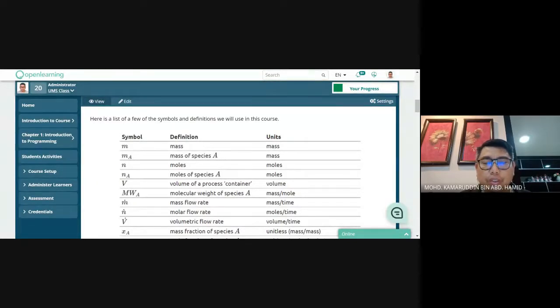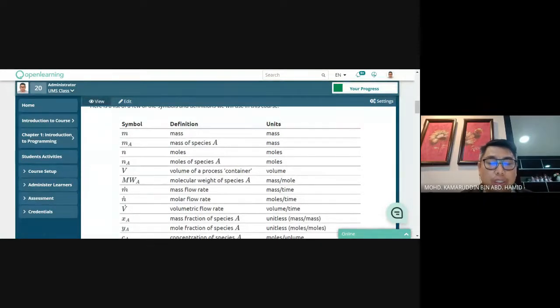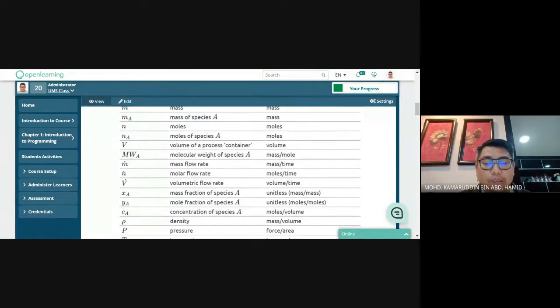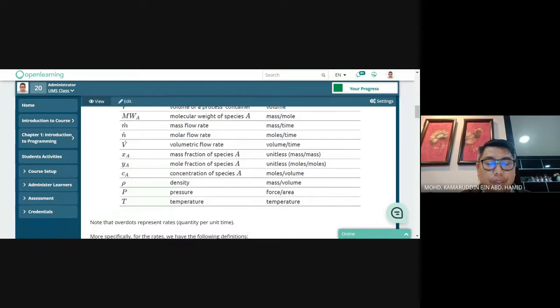Once you draw the diagram, make sure that you put the several variables, known variables, together with the unit. If what is given is a mass, then you put the unit there. If it's number of moles, then you put the unit moles. With the volume, you also need to put the volume together with the unit.